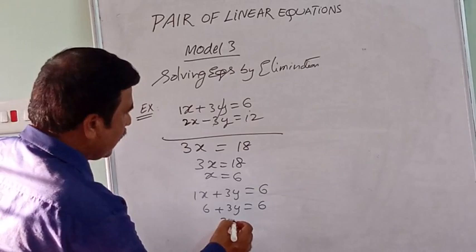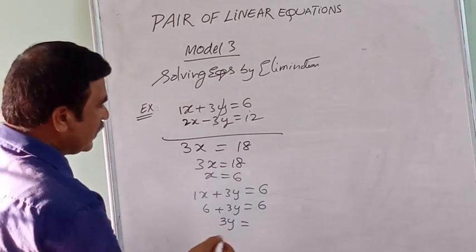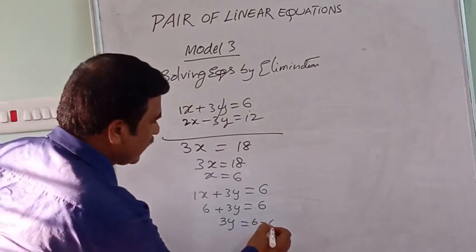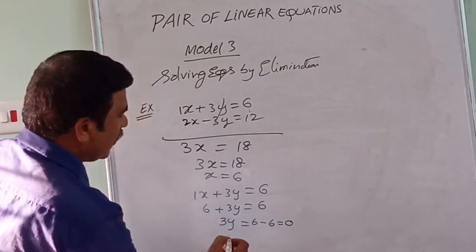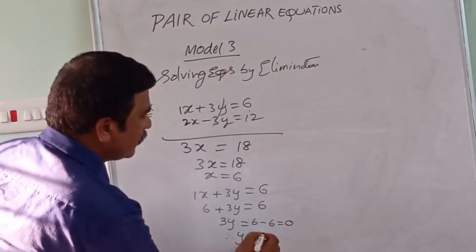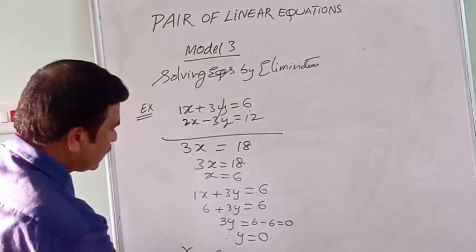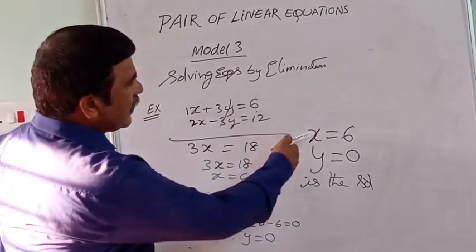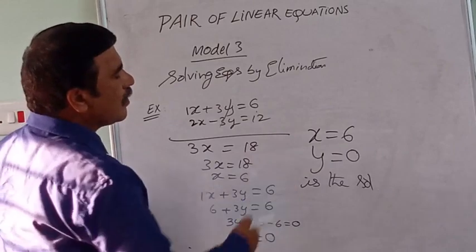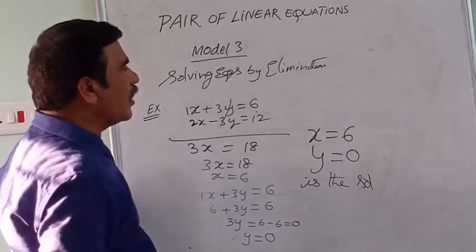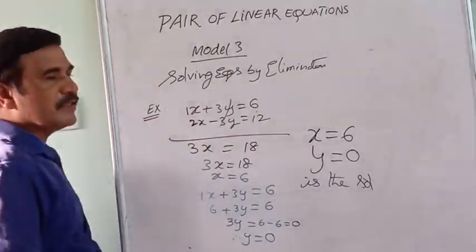Therefore, 3y is equal to, sending that side, 6 minus 6, 0. Therefore, y value is 0. Therefore, x is equal to 6, y is equal to 0 is the solution of these two equations.